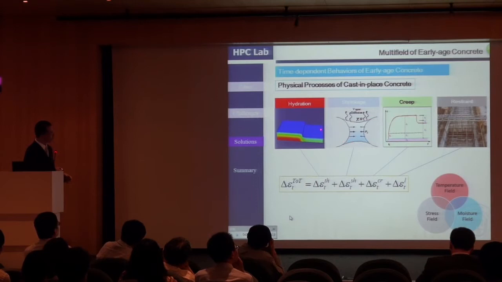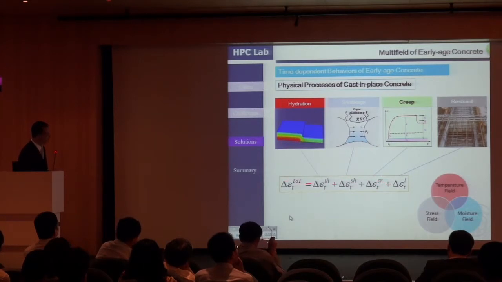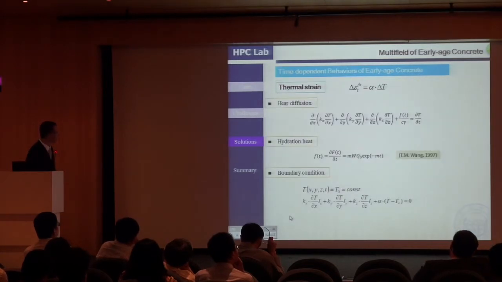Previously, we also used the so-called weak coupling of the fields, the temperature, the moisture, and the stresses, to account for the total strain that would happen during this process, and found that we can assume that the same stresses can be calculated in this way.